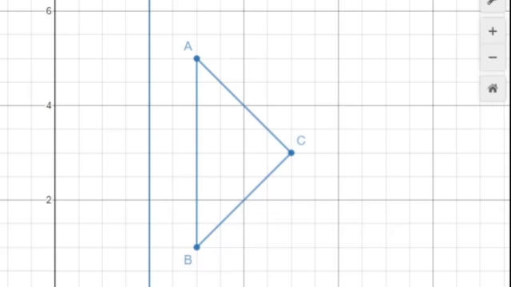In our first example, we are going to reflect the triangle ABC across the line x equals 2. So what we want to do is find the perpendicular distance from A to the line. What this does is allow us to essentially create a mirror image on the other side of that line.